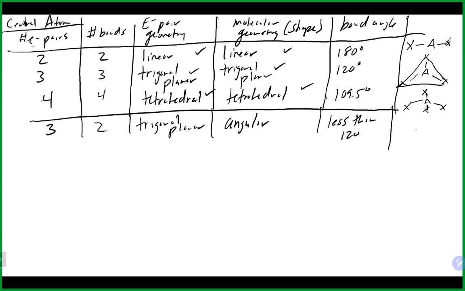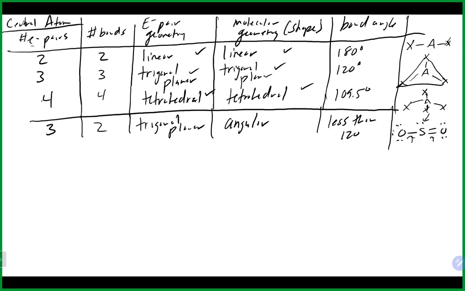For example, I'll draw the dots on the central atom. Something like SO2 is an example of that. Just looking at the central atom, it has 1 electron pair, 2 electron pairs, 3 electron pairs, and only 2 bonds. Obviously, this guy would have some electrons as well.